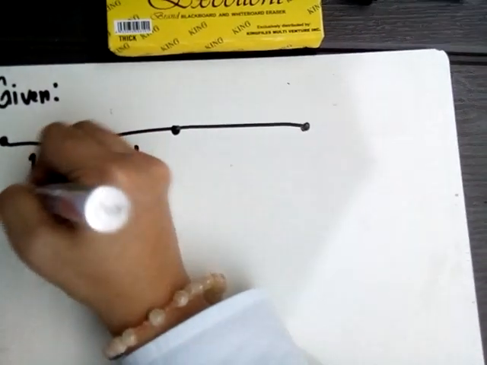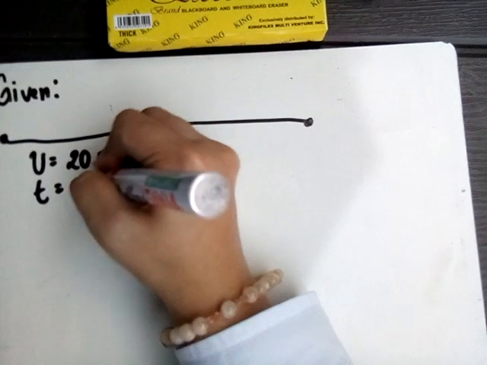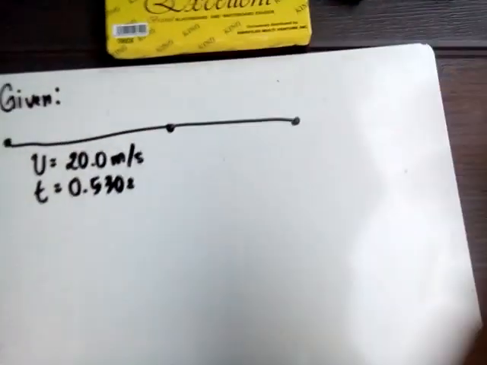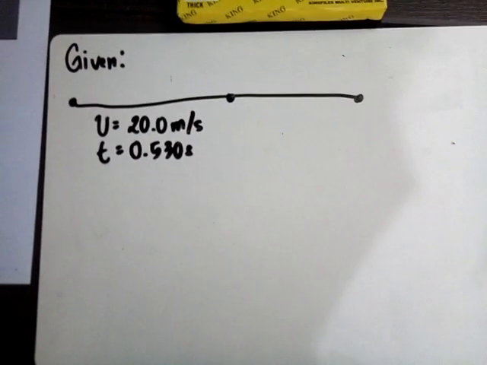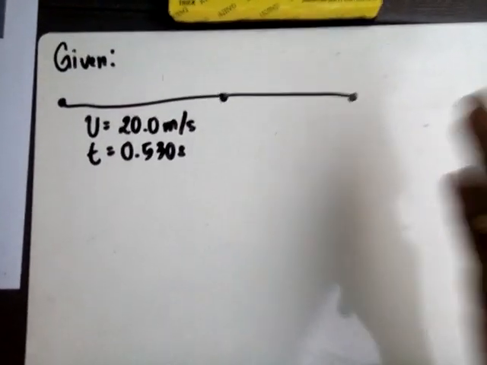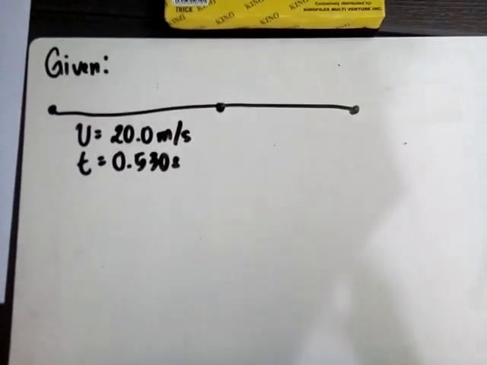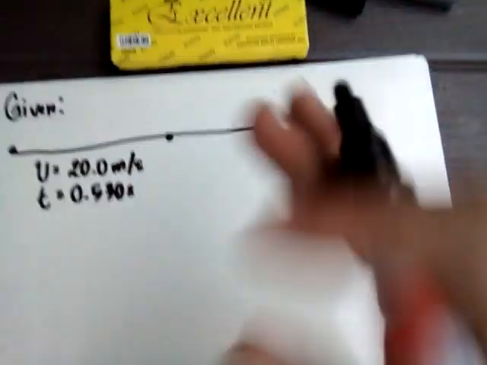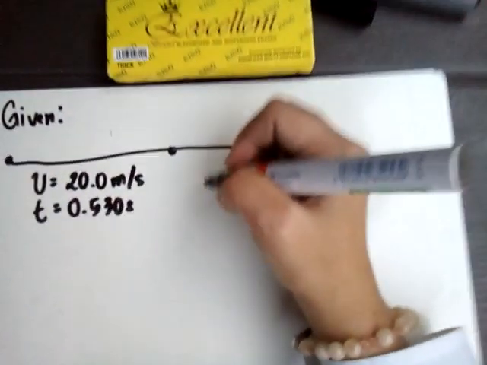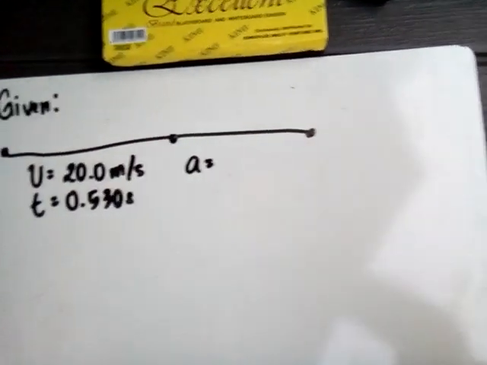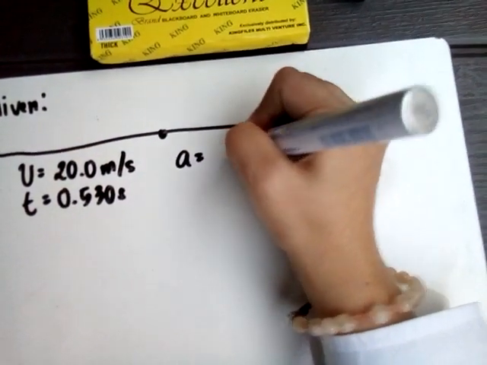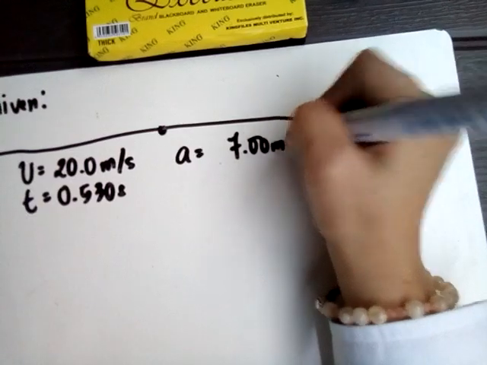Now, the time is equal to 0.530 seconds. Why is that? Because from 0 to 0.530 seconds, the velocity is 20 meters per second. However, after 0.530 seconds, the brakes were applied. Therefore, the acceleration is 7.0 meters per second squared.